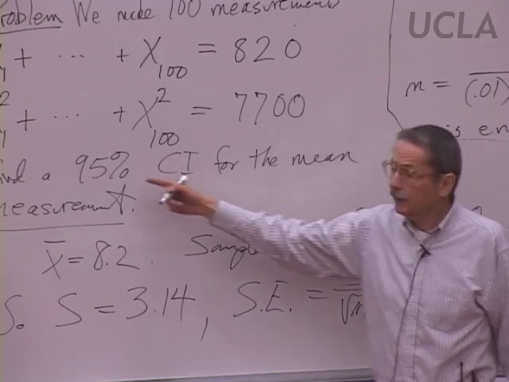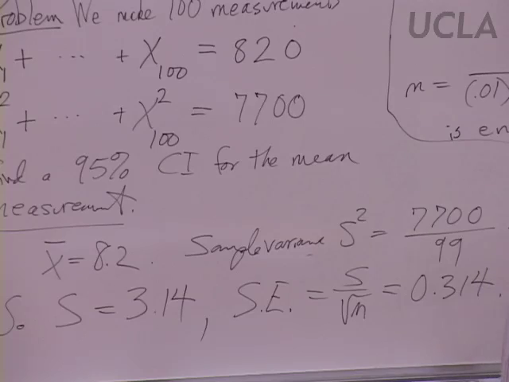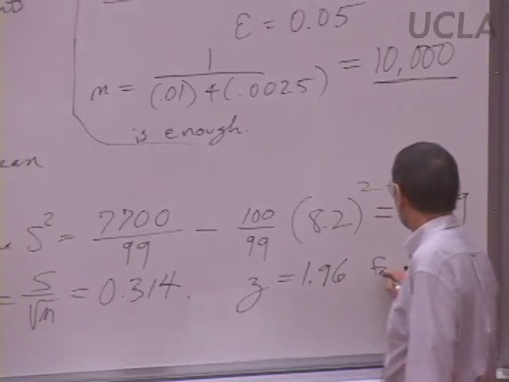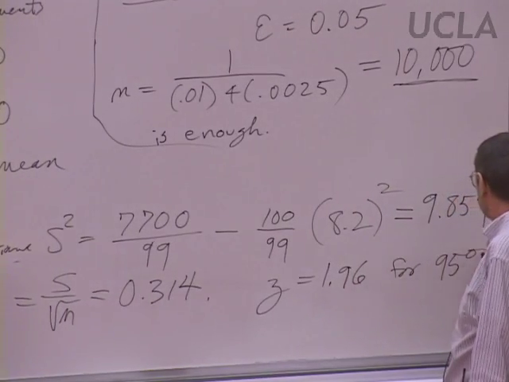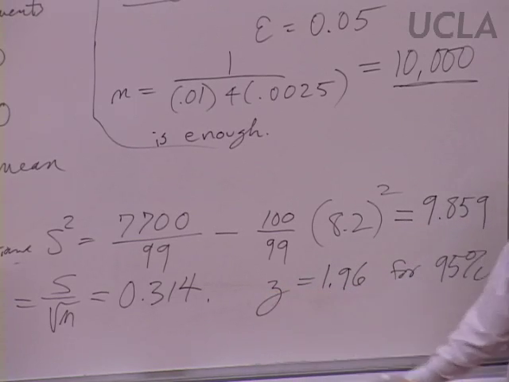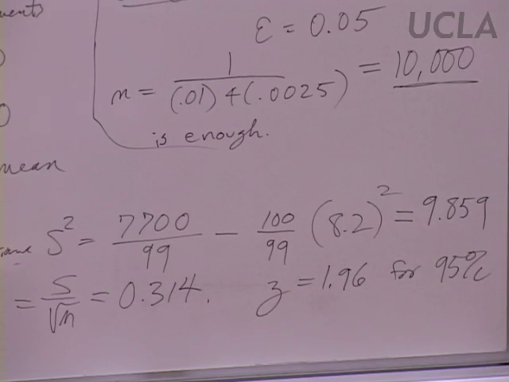We want a 95% confidence interval, so we know what our z-value is. We need a number z, phi of which would be 0.975.